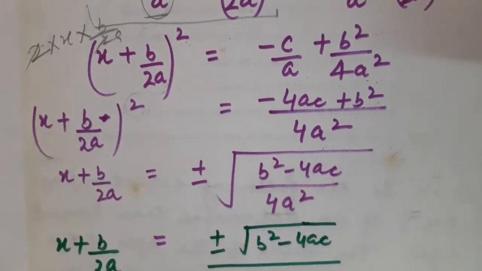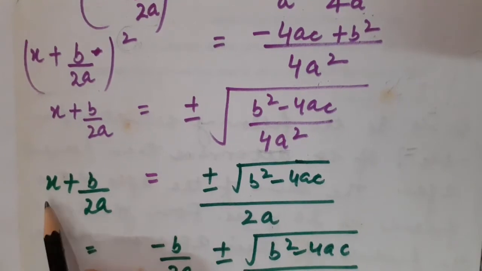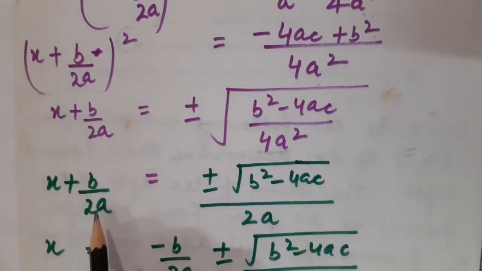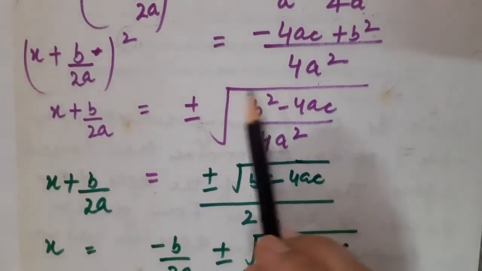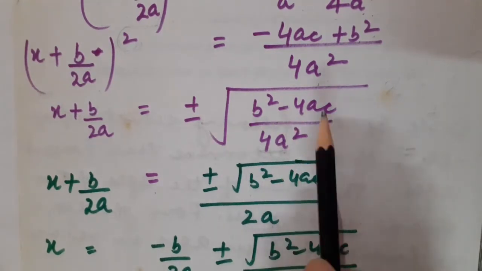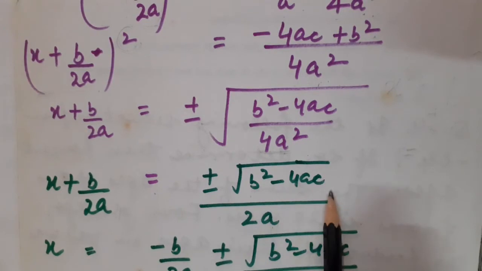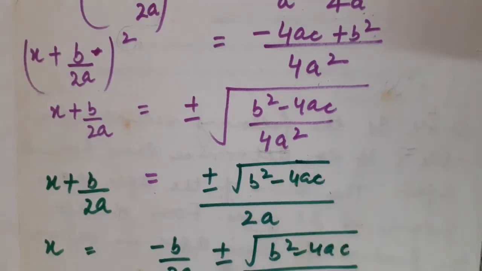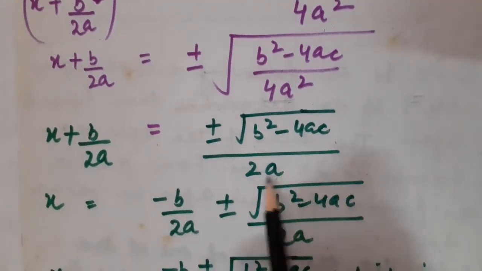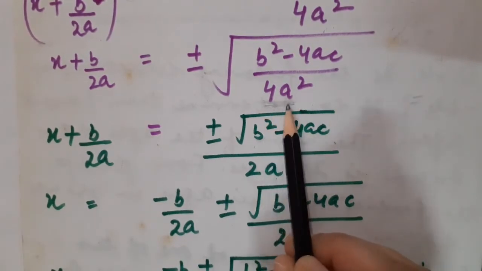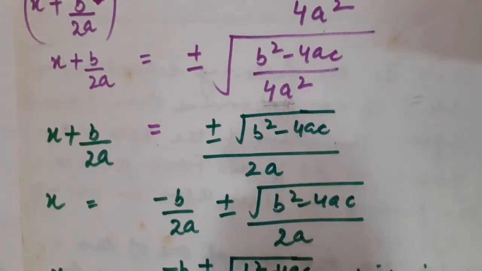Correct, children? Now here I have got x plus b upon 2a is equal to this root I am going to segregate to both. So I have got plus minus whole under root b square minus 4ac at numerator place, and in denominator I have got 2a. Why? Because 4a square is a perfect square. Correct?